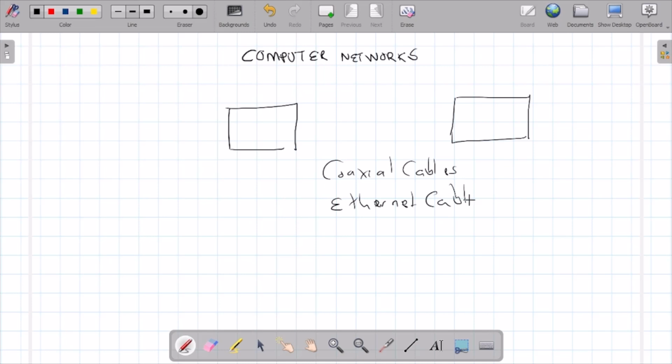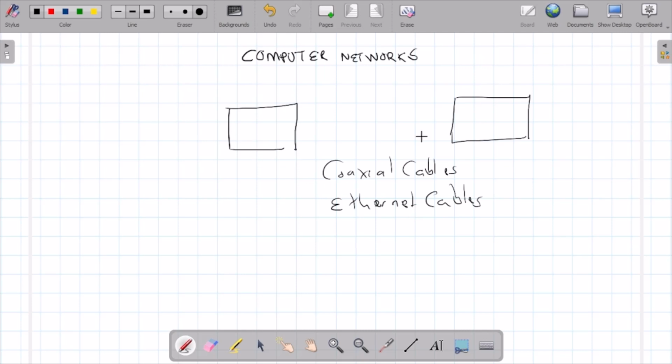Just like Lisa and Mary were connected via phone call, computers are connected via these very popular ways. So using coaxial cables and using Ethernet cables.